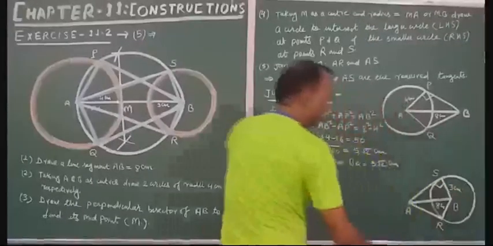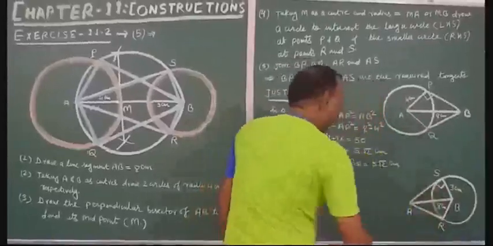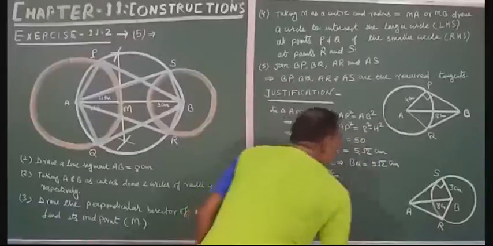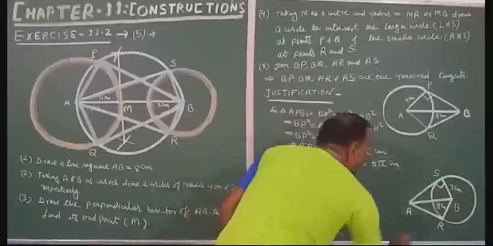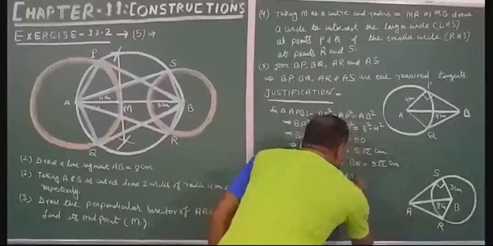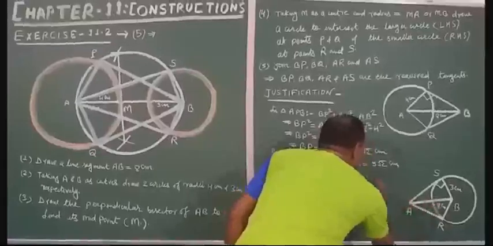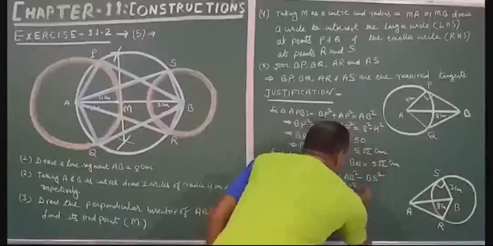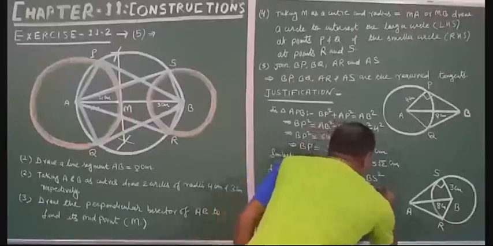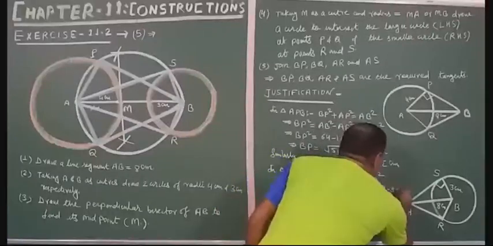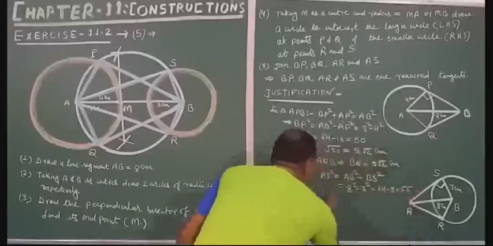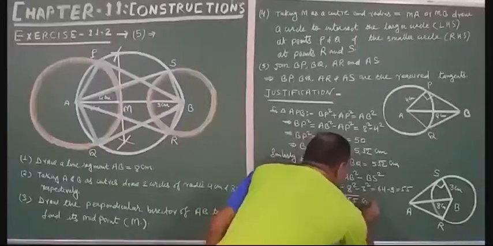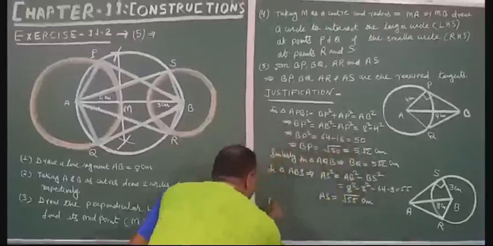This angle will be 90 degree. AS square will be equal to AB square minus BS square. So that is 8 square minus 3 square, that is 64 minus 9, that is 55. So the length of AS will be under root 55 centimeter.